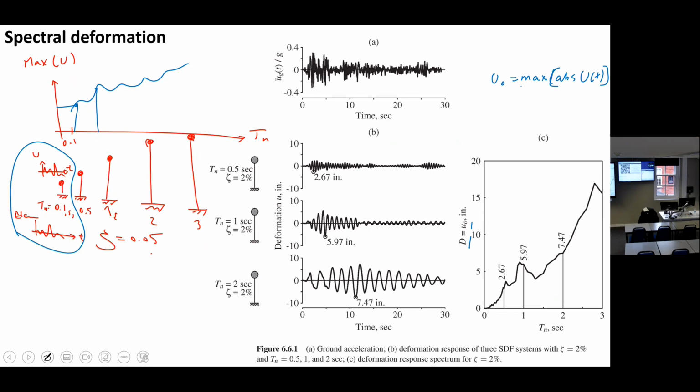Or D, we're calling this D. Okay? So the vertical axis is representing the maximum deformation. You can simply multiply it by K for your system and get the design force. Go and design your structure.